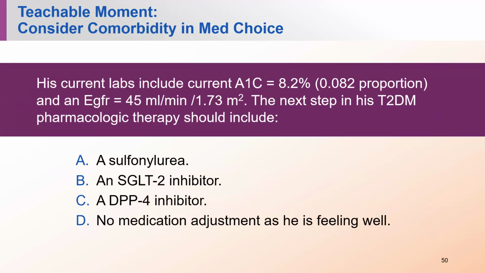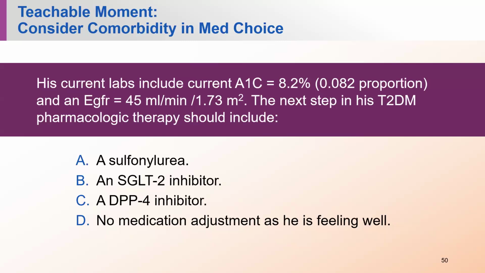Well, you know what? In the current thinking on prescribing meds in type 2 diabetes, whenever we can get a two-for-the-price-of-one out of a med, improve glycemic control plus treatment of a comorbid condition like CKD, we want to do that.